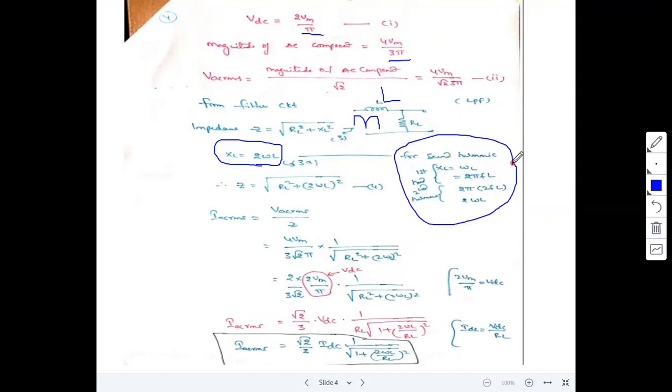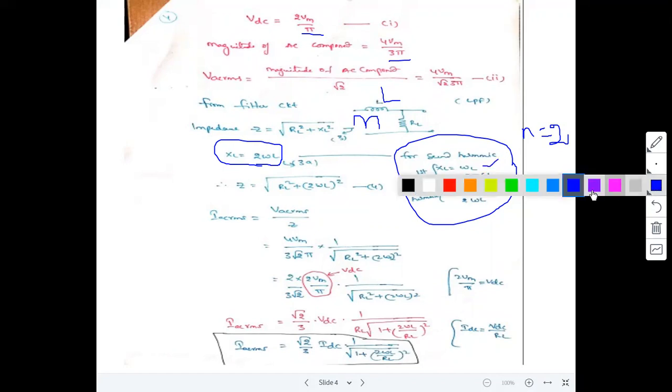When we apply the Fourier series to a signal, it consists of infinite harmonics. Now we are considering n equal to 2, the second harmonic, where the frequency is 2f, not f. For the first harmonic the frequency is f, whereas for the second harmonic it is 2f.